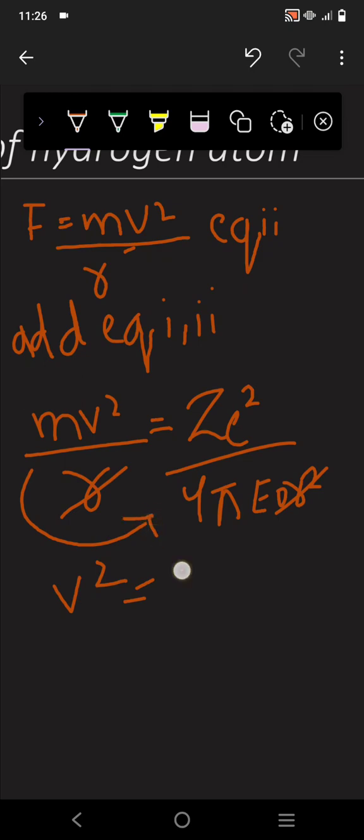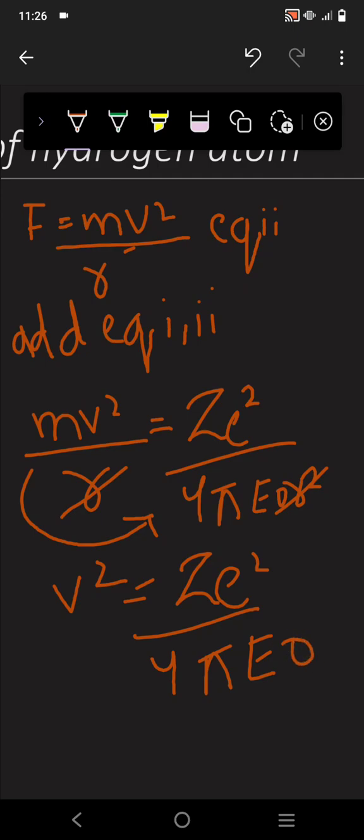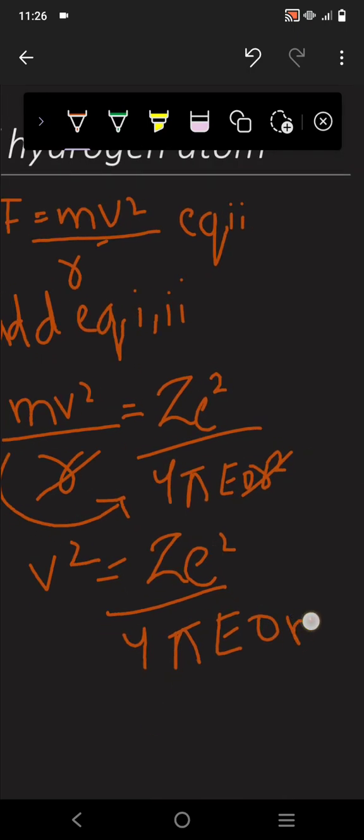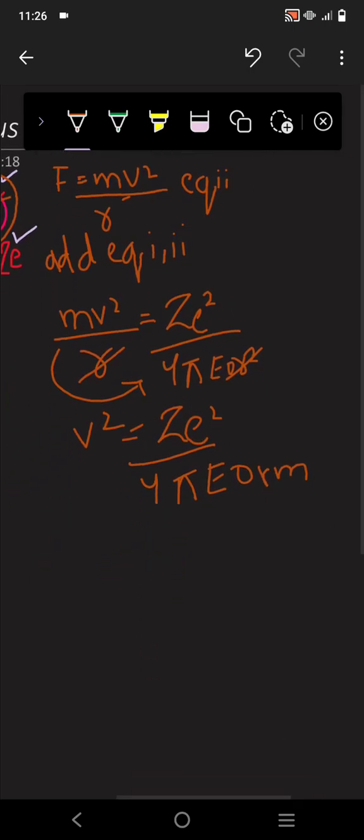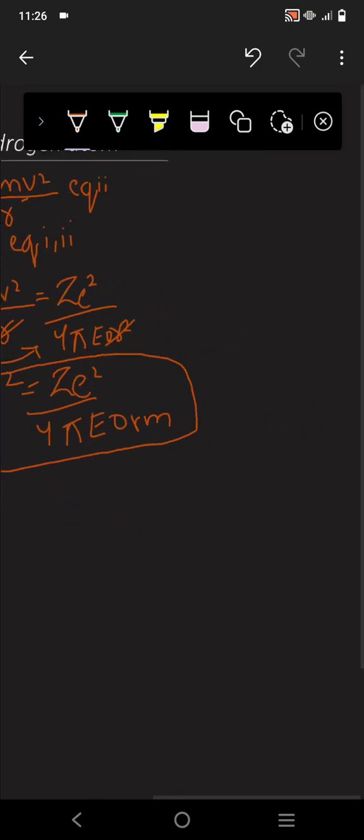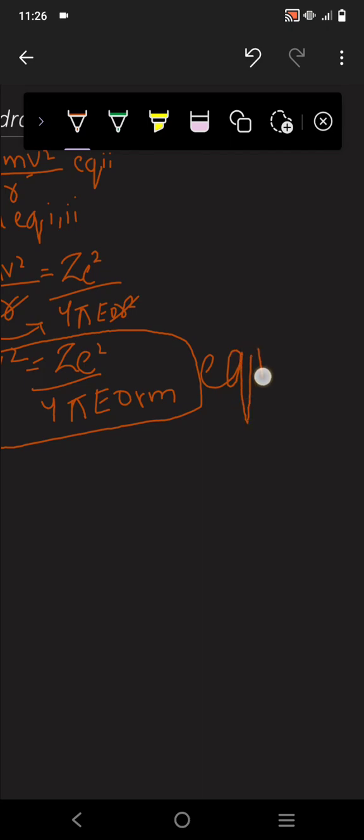Z square upon 4 pi epsilon naught r m, and this is our new equation.